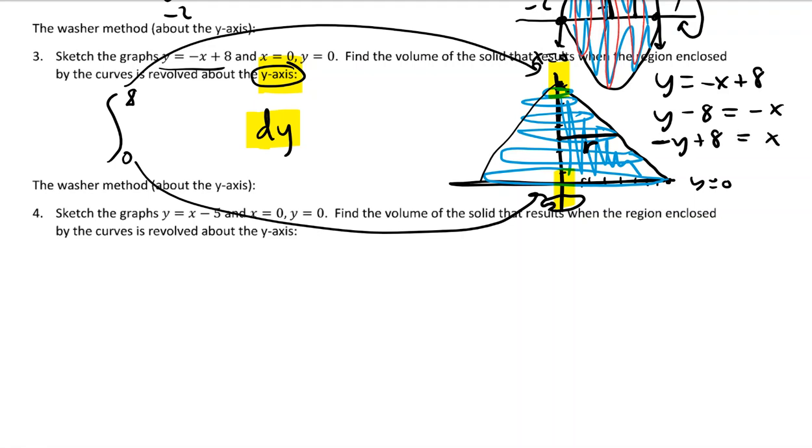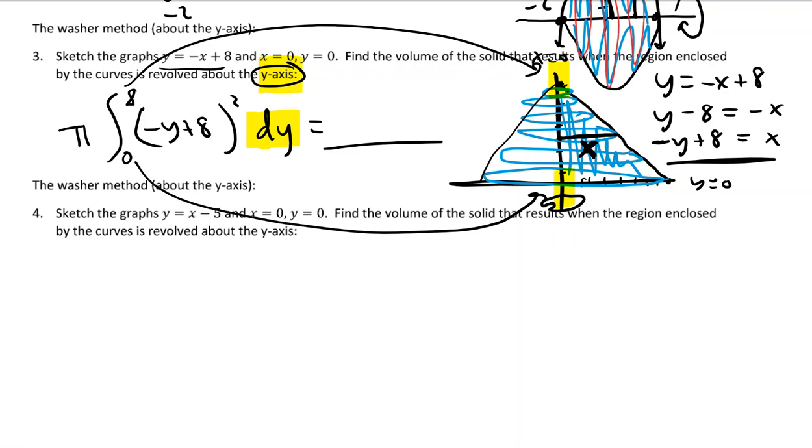So you would solve that in terms of x, and so r or x, same thing here. We got a bunch of circles, so pi r squared, and r is going to be negative y plus 8. So that integration there would give us the volume of that solid.